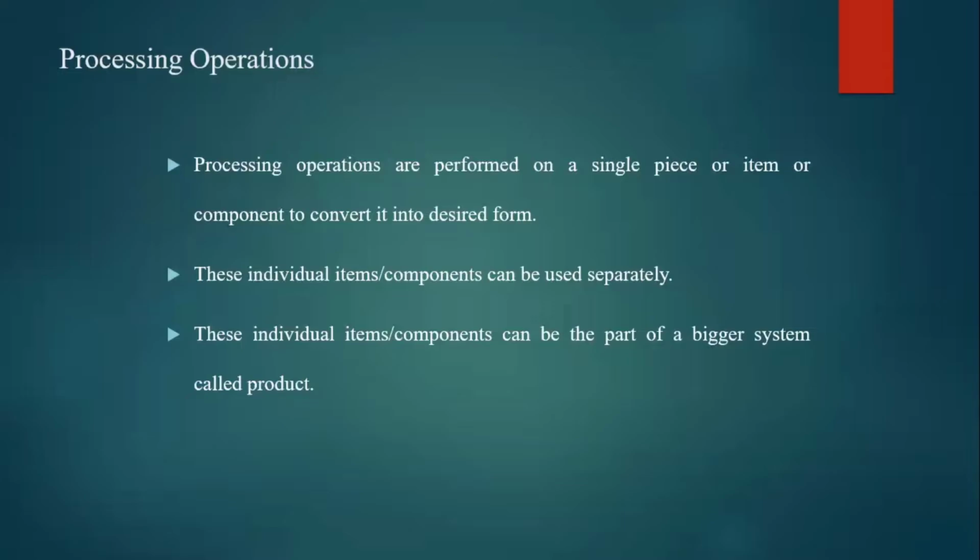So the operations that we perform on these machines are categorized as processing operations. These operations are performed on a single piece, single item, single component. And the parts are the components manufactured from these processing operations.